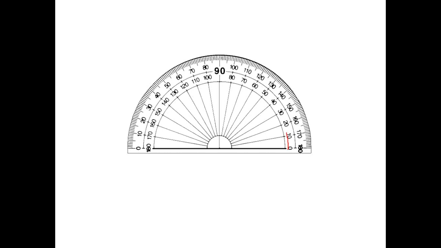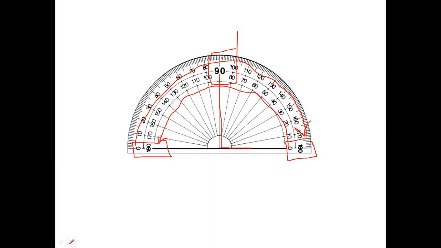So it has two ways, this way and the other way back. In the middle you have the 90 degrees, and here you have the 180 and here 180 as well. The 180 is the straight angle and the 90 is the right angle, as you can see.